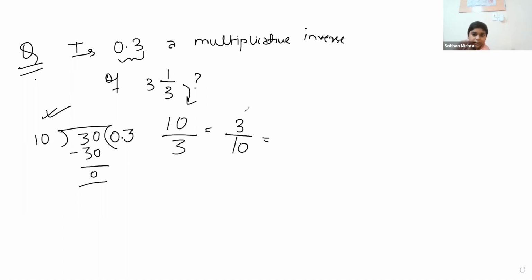So it's divided by 10. But it's divided by 10 right now. So what should I write? 0 point, in the place of 0 the 3 will come and then a dot, like this, I guess.